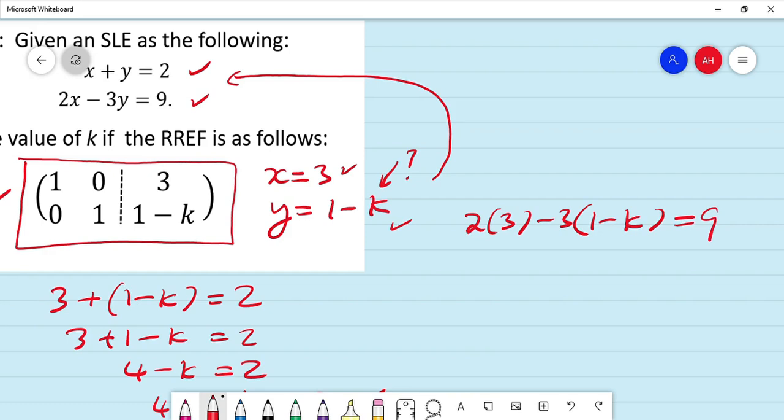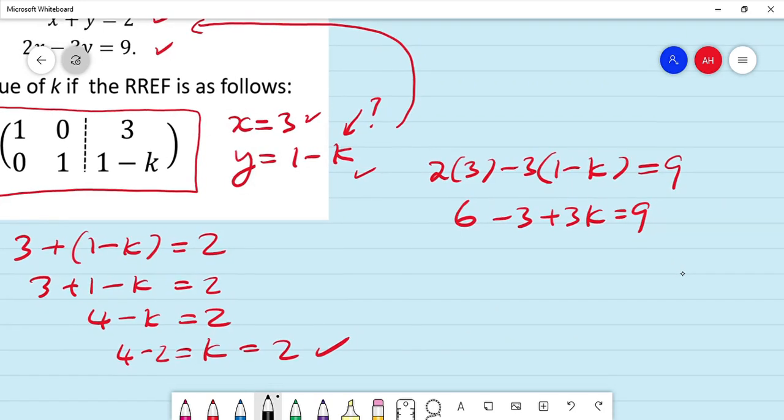Okay, let's simplify and then solve for k. So we have 6 minus 3 plus 3k equal to 9. Okay, 6 minus 3, we have 3 plus 3k equal to 9. 3k equal to 9 minus 3 is equal to 6, and k equal to 6 divided by 3 is equal to 2.